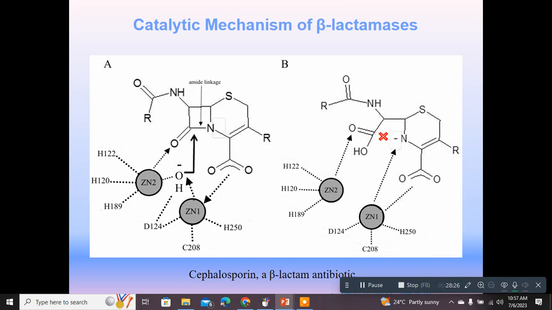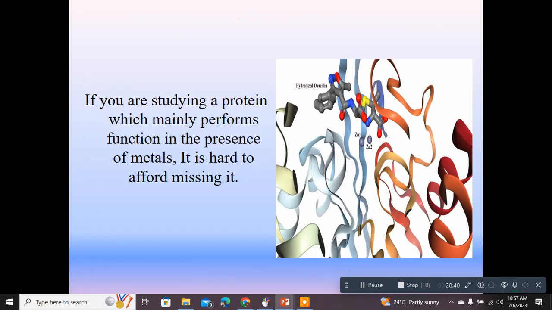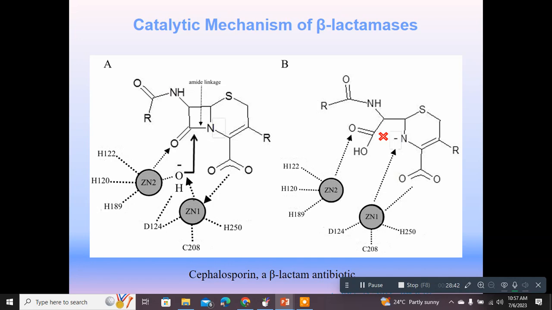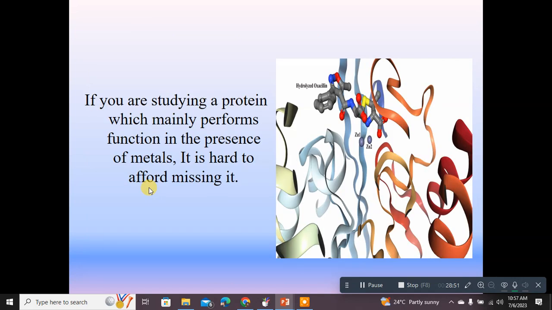That way a person will have antibiotic resistance, because the antibiotic he is taking is not functioning properly, or it's hydrolyzed. And where these zinc ions are present, they attack such beta-lactam rings.